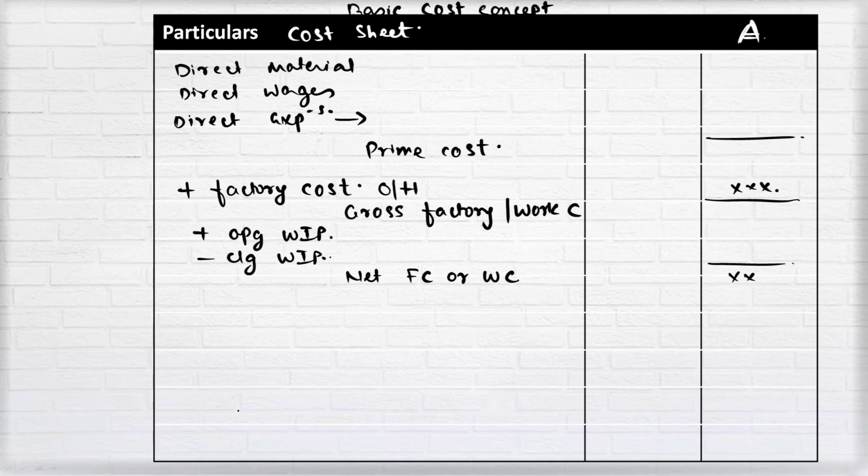Now there are some expenditures which are not related to factory. Say it is not electricity bill of factory. They are not the laborers who are working on A, B and C. They are not related to factory. They are which cost? Administrative cost. But they are related to production.